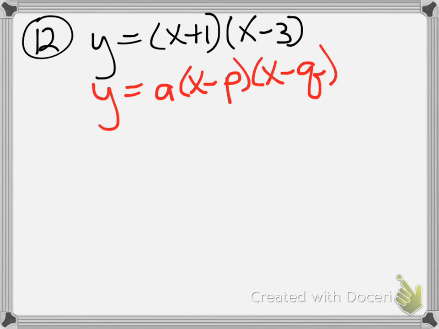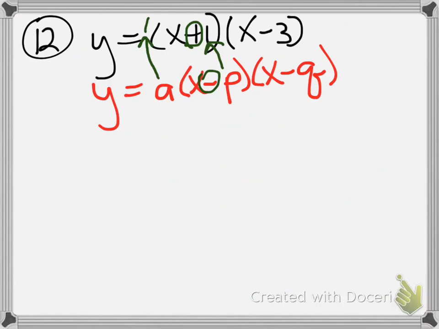The other type of problem in this section is when you're in intercept form. And in intercept form, you have a, parenthesis x minus p, parenthesis x minus q. So for us, a matches up here, which it looks like there's nothing there, but we know that there's a 1. X minus p is going to match up here, but this is plus and this is minus.